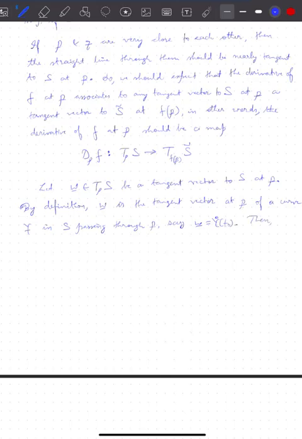Then this is also being mapped to S tilde.